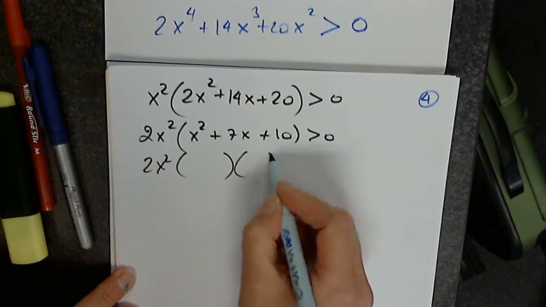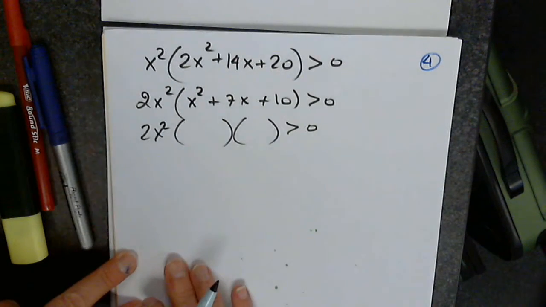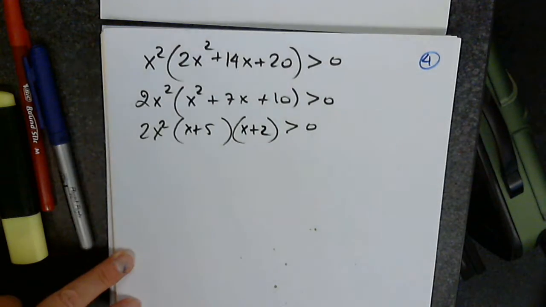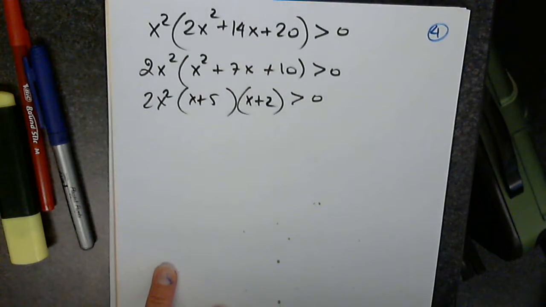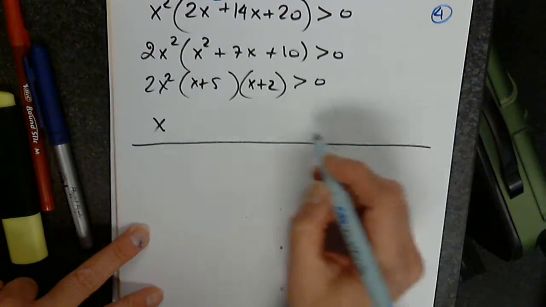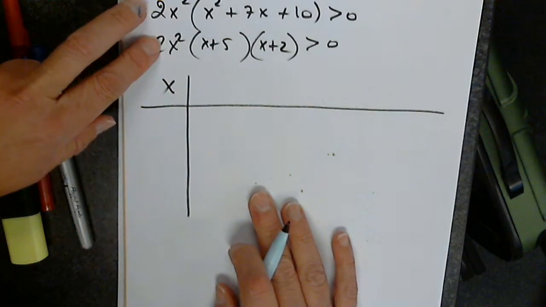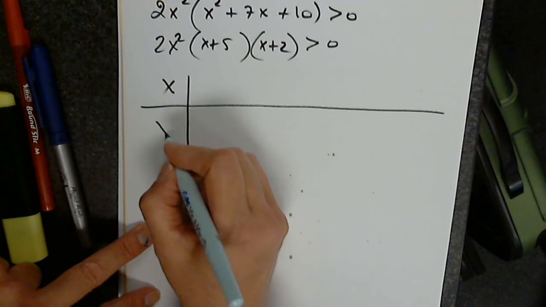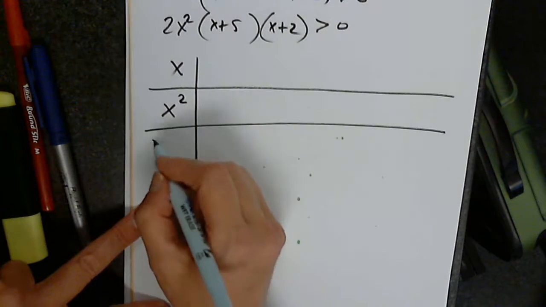How will you factor this? X plus 5, x plus 2. Is this inequality chart ready? In case you like the chart. Yes. So we have x. I will not put 2 in the chart, of course. It's a factor that doesn't have to do anything with x. X squared is one factor.